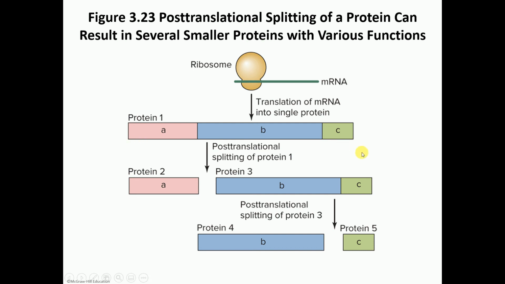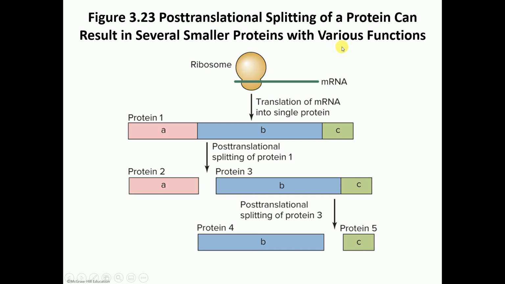So you want to think of it kind of like baking a cake. You made this big cake. You can either give the whole cake to somebody, or you could cut it into smaller or bigger pieces and give those out to people. That process of splitting the bigger protein into smaller ones is known as post-translational splitting of a protein.